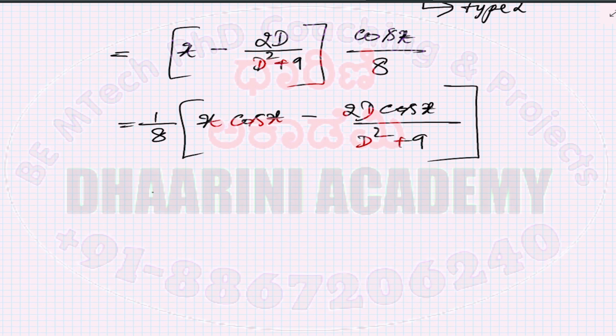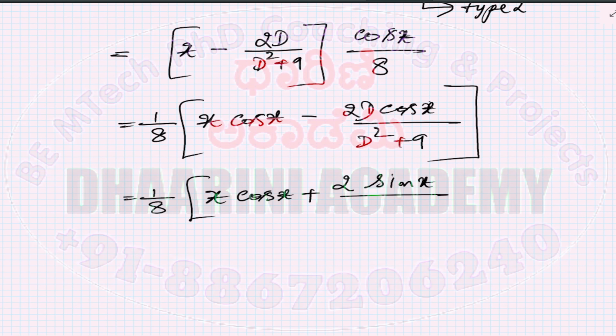So this is equal to 1 by 8 into x cos x plus 2 times differentiation of cos x, which should be minus sin x. That's why that has been taken care of by writing a plus over here. So 2 times sin x divided by, anyway, I know that D square should be replaced as minus 1 here, so this becomes 8.